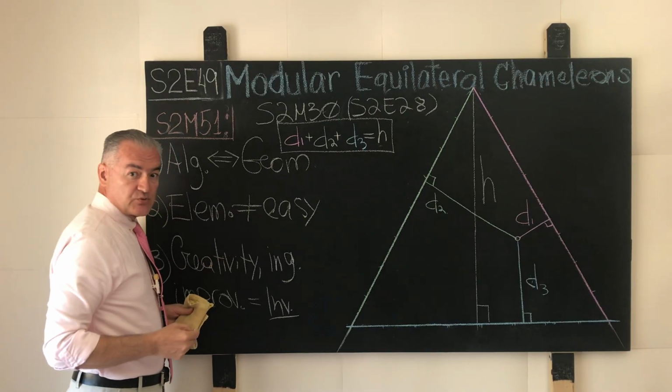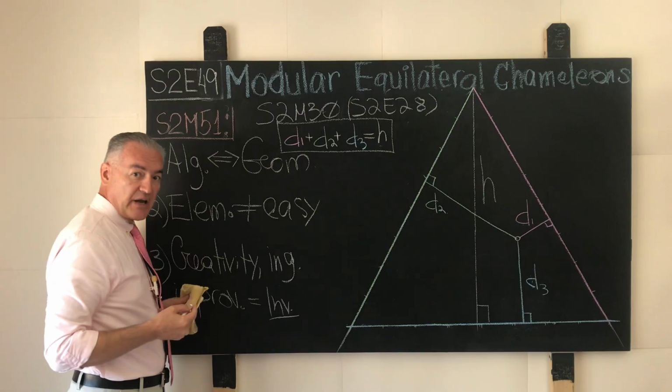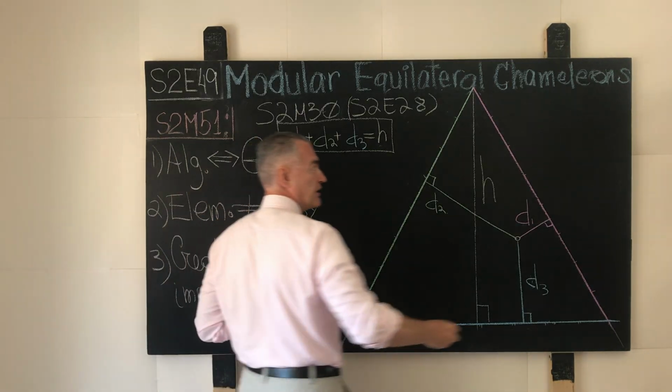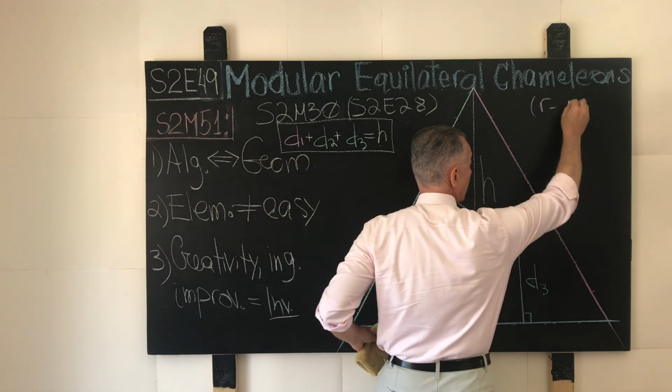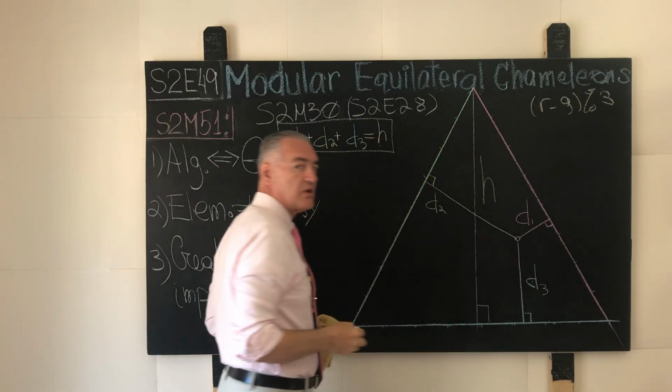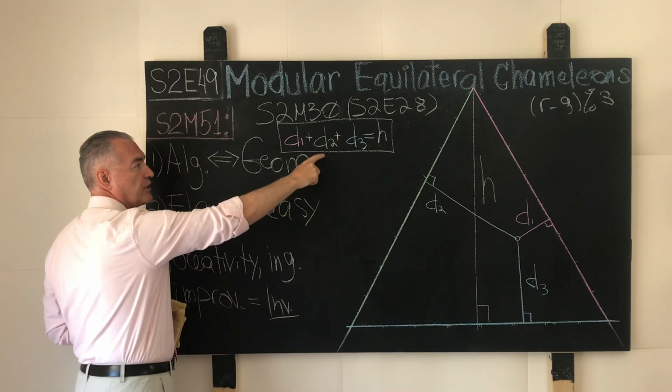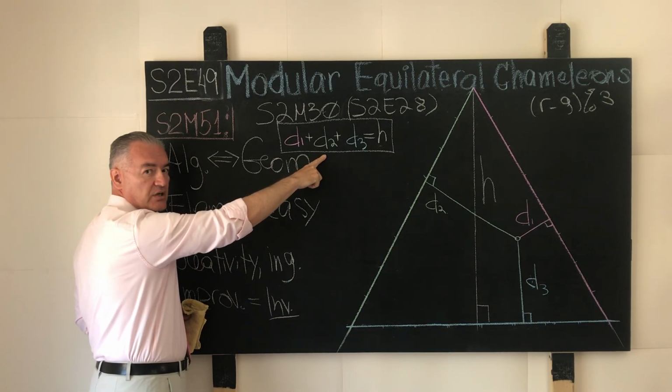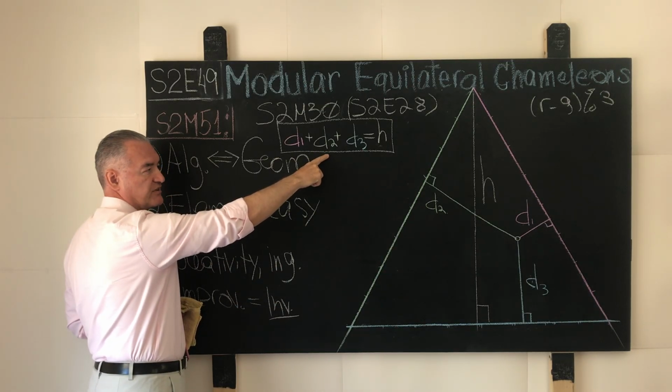In the previous segments, we covered what? An algebraic invariant, remember? R minus G mod 3. That was the algebra of the underlying problem. But here we're honing in on what? On the geometric invariant, a geometric invariant.